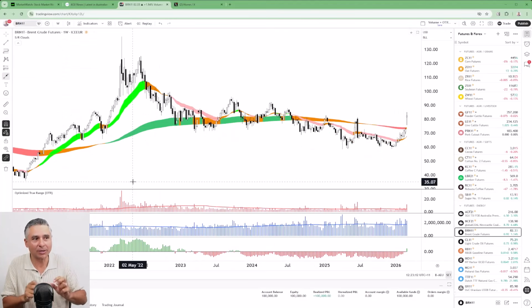I mean, if something really, really serious was happening in terms of global energy supply, then I feel we'd have a better candle than that. Now, I don't know what the candle is that's coming next. It could be better than this one, but given the circumstances, I think we can pare back some of the hype and some of the rhetoric that journalists and media organisations love to throw at us.